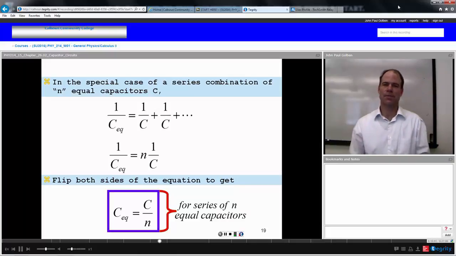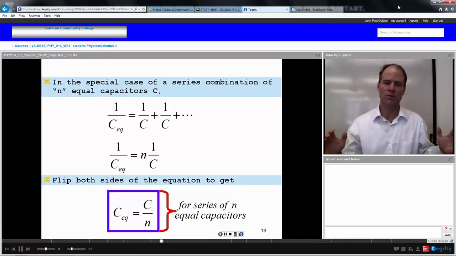For instance, if I had 5 2 microfarad capacitors in series, the equivalent capacitance of that would be 2 divided by 5, or 0.4 microfarads.